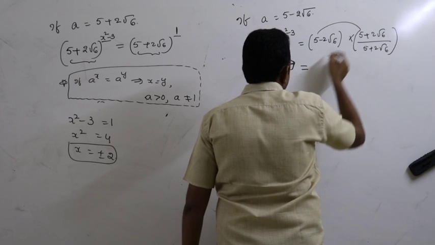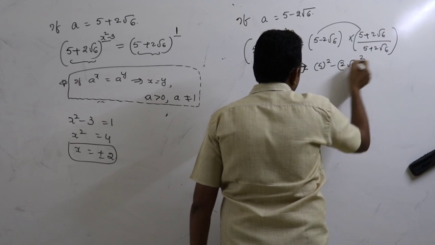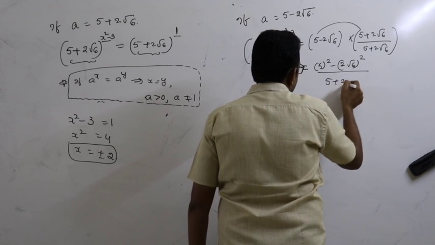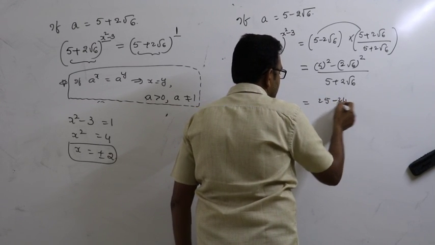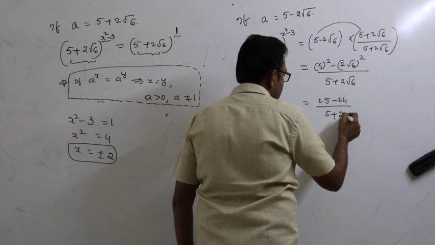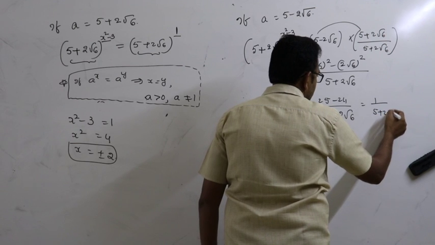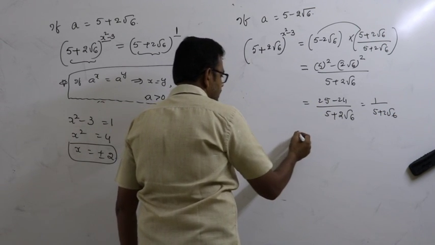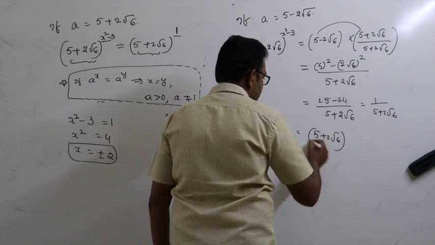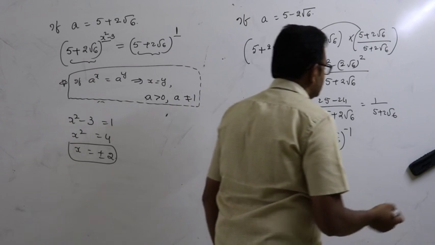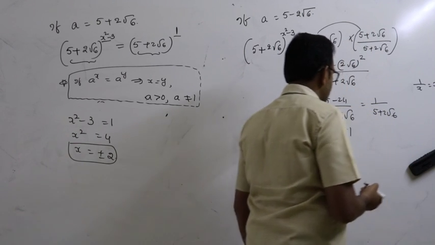So this is 5 square minus 2 root 6 whole square by 5 plus 2 root 6, that is equal to 25 minus 24 by 5 plus 2 root 6, that is equal to 1 by 5 plus 2 root 6, that is 5 plus 2 root 6 whole power minus 1. 1 by x can be written as x to the power of minus 1.